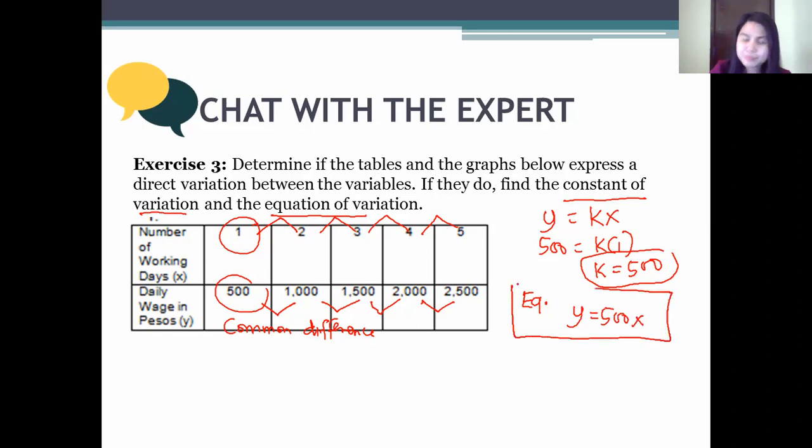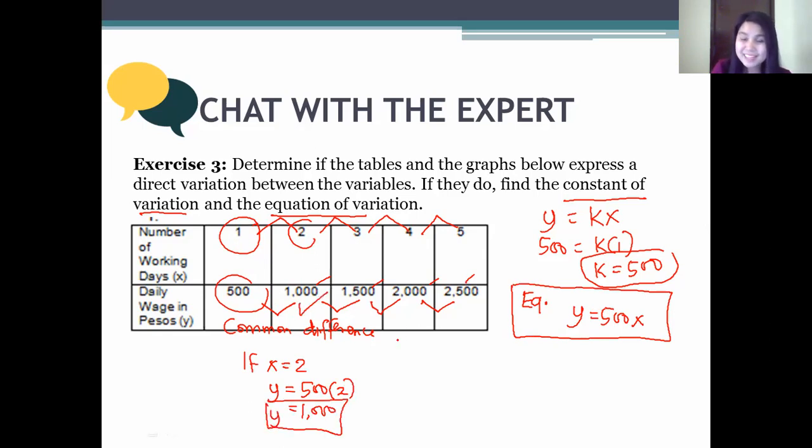Now let us try to substitute the x and see if it will give us these answers. Example, for 2, if x equals 2, then y equals 500 times 2. So y equals 1,000. Very good.